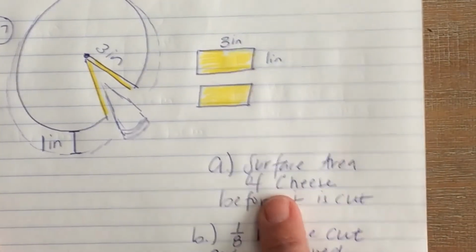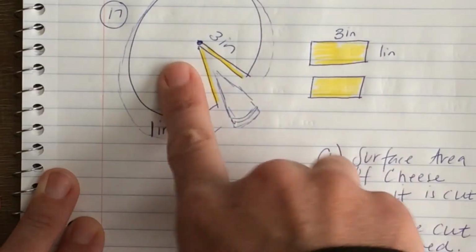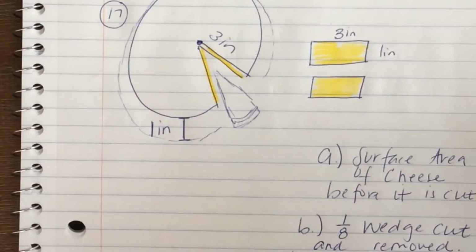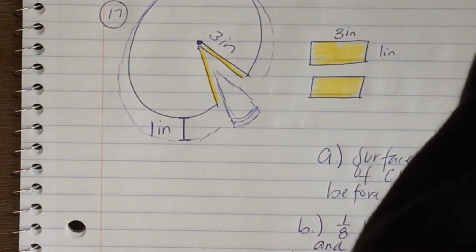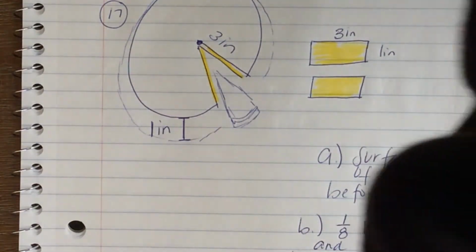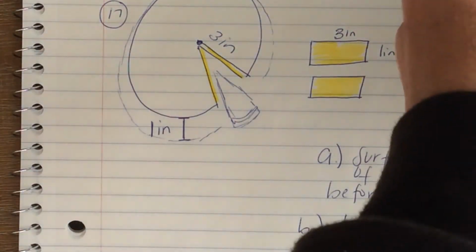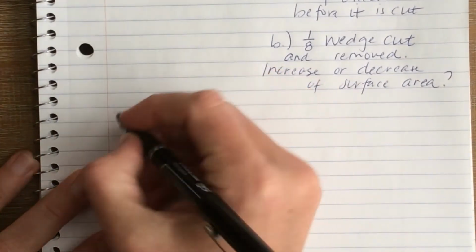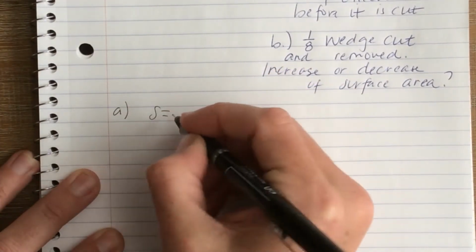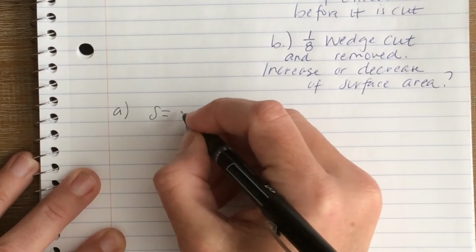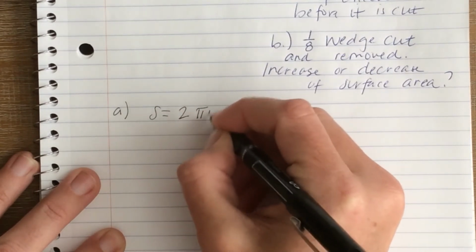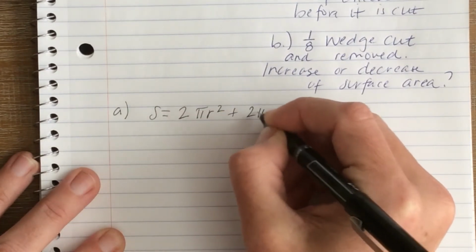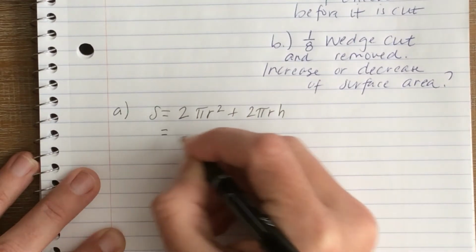So part A, the first thing we're going to do is just find the surface area of this cylinder of cheese. And if you like cheese and have never had brie cheese, it's pretty good. All right, so here we go. Part A, the surface area is 2 pi r squared plus 2 pi rh.